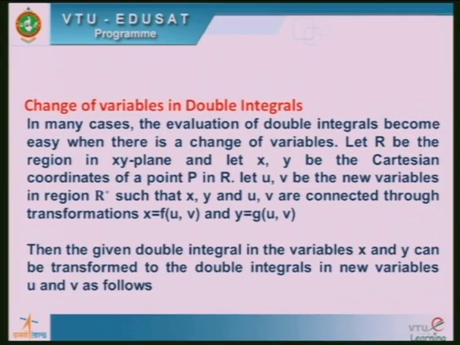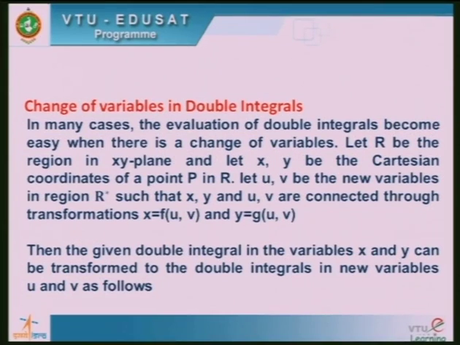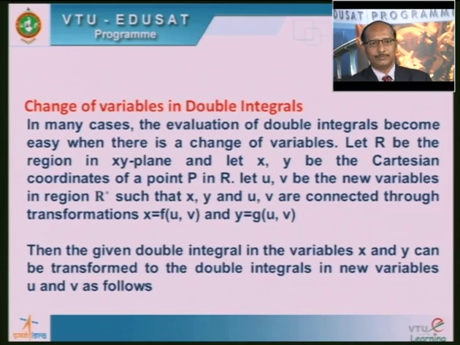Now, moving to another concept, change of variables in double integrals. In many cases the evaluation of double integrals becomes easy when there is a change of variables. In some regions we are not comfortable evaluating the double integrals. If we change them into other variables, they become comfortable to evaluate. Let R be a region in the xy plane, for example.